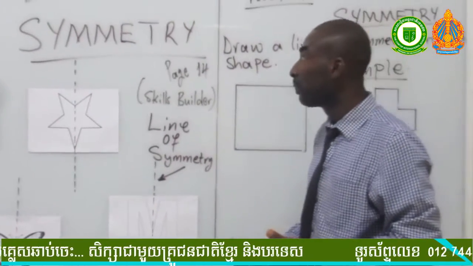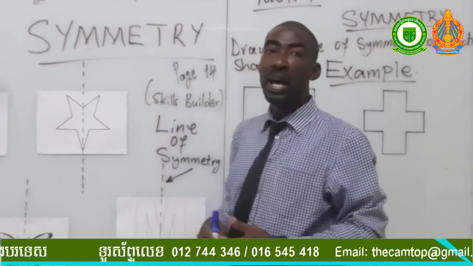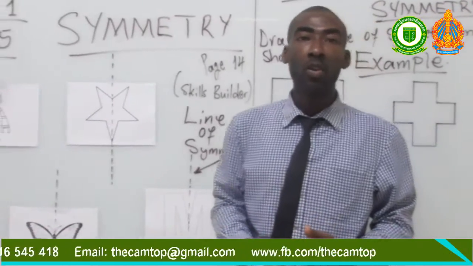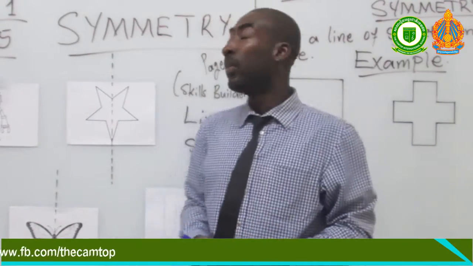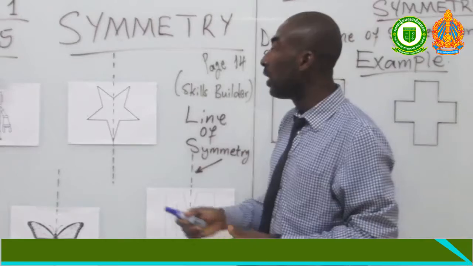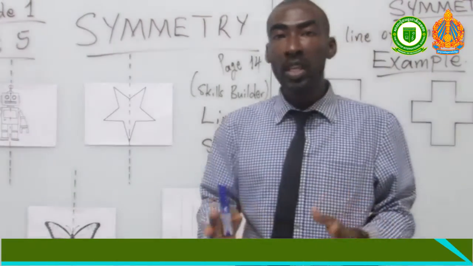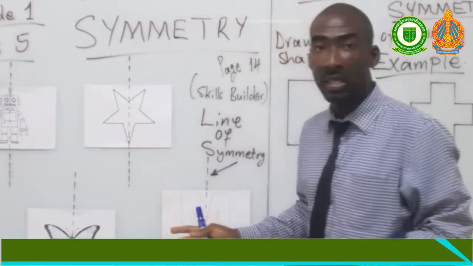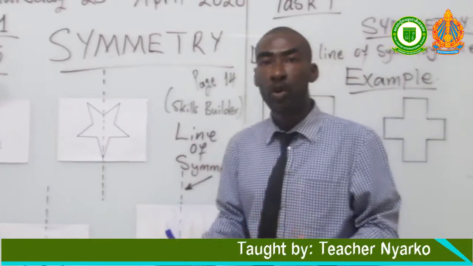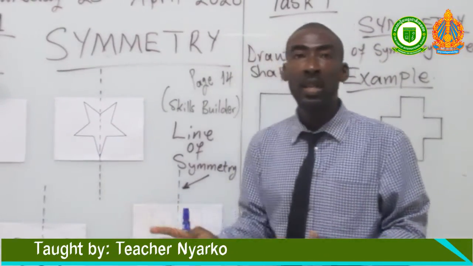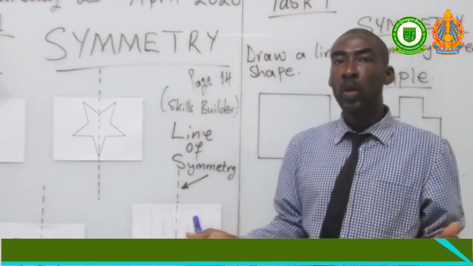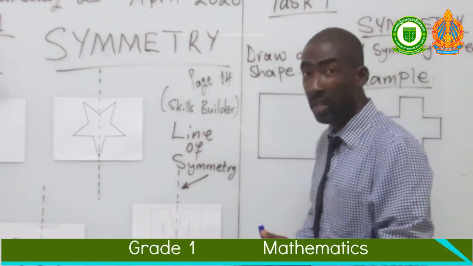So students, whenever you are asked what a line of symmetry is or what is the meaning of symmetry, symmetry means that you are dividing your image into two equal parts, two equal portions, and the portions match or fit when you put them together, okay?